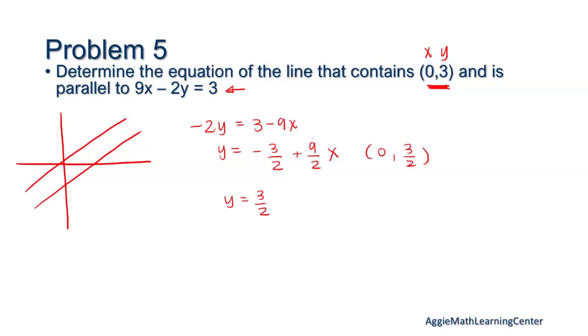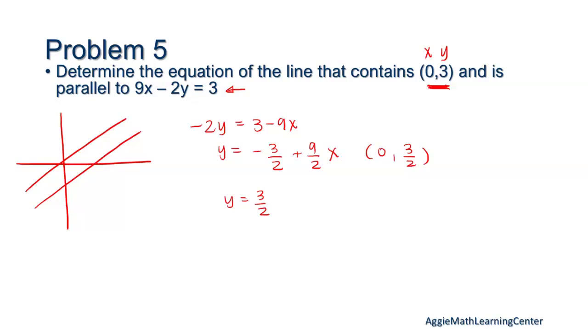Multiply by 2, right? Yeah, you could multiply our slope by 2 to get it. That's one way. The main thing that I always forget when I'm thinking about parallel lines is that the slope needs to stay the same, but we can just change the y-intercept however we want. 3/2 times 2 is 3.